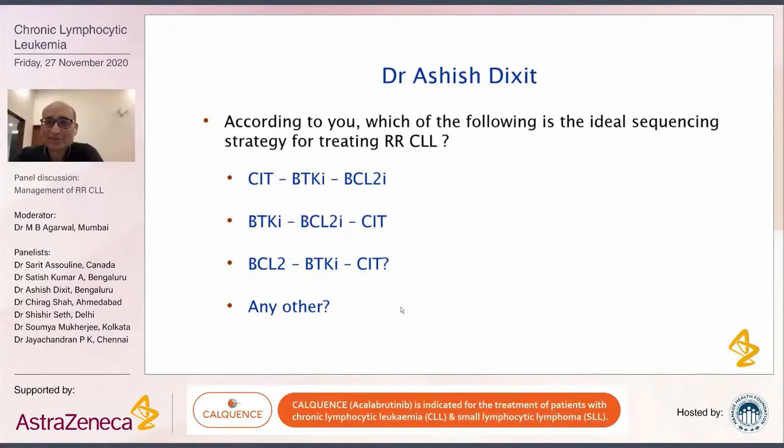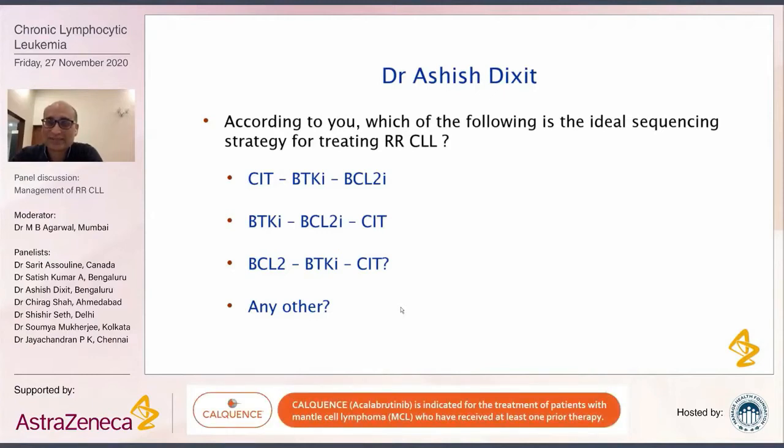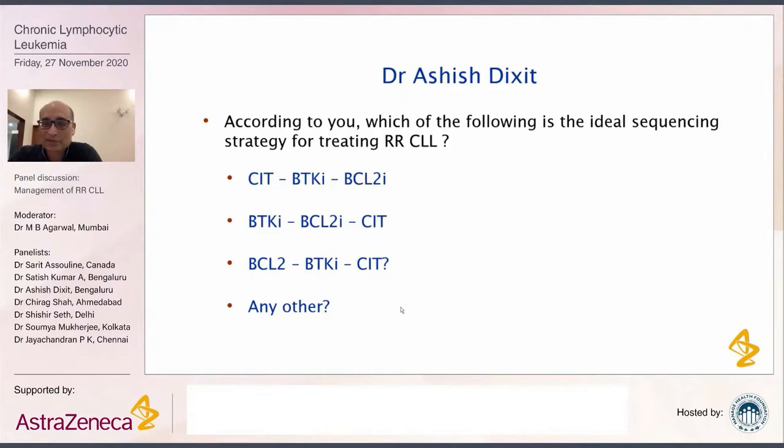Right. So I think chemoimmunotherapy is going to be the last option as palliative care, if at all I have to use it, provided the person can afford the other two pathway inhibitors. Again, it will come down to whether the patient is younger and still a good risk. I'll prefer to use a therapy which is going to offer a treatment-free interval.